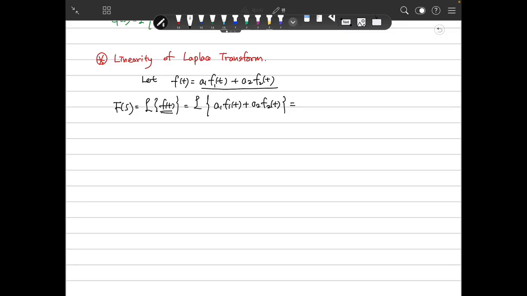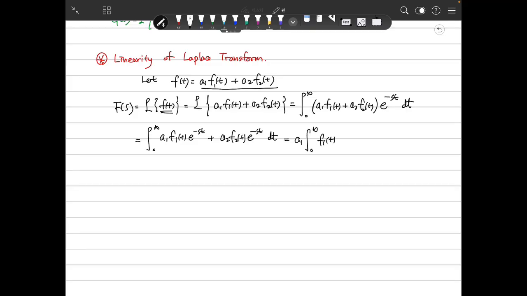Based on the definition of the Laplace transform, it is the integral from 0 to infinity of (a1 f1(t) + a2 f2(t)) e^(-st) dt. We can rewrite this as the integral of a1 f1(t) e^(-st) plus a2 f2(t) e^(-st) dt. That is a1 times the integral from 0 to infinity of f1(t) e^(-st) dt, plus a2 times the integral from 0 to infinity of f2(t) e^(-st) dt.